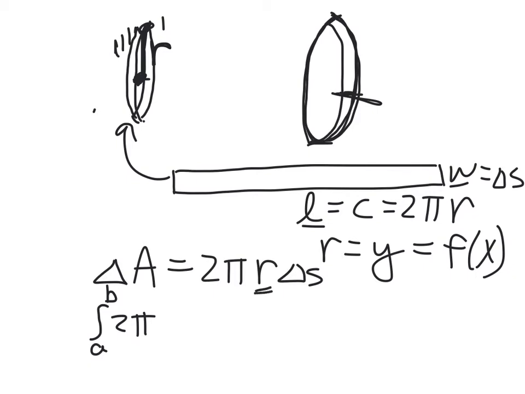Now in this case, the R is going to represent f of x, and the delta S, or ds, once we turn it into this integration, ds represents the same thing we did with the arc length. What's the formula for the arc length?